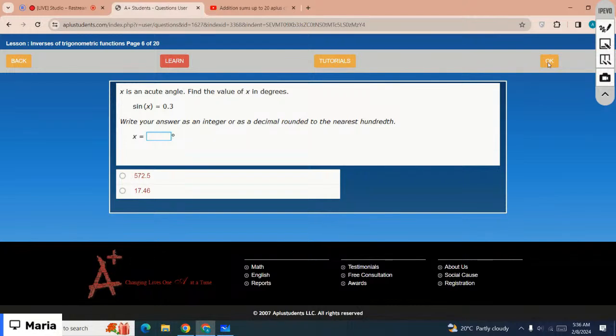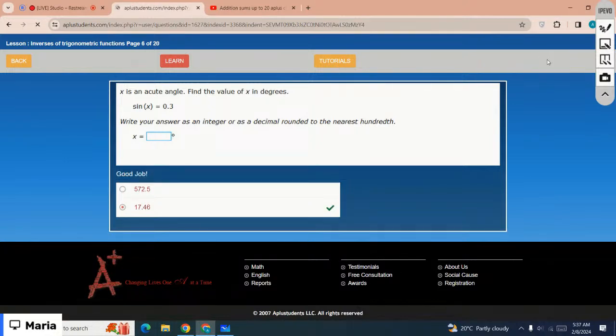That is 17.46 degrees. Option number 2 is the correct option, right?